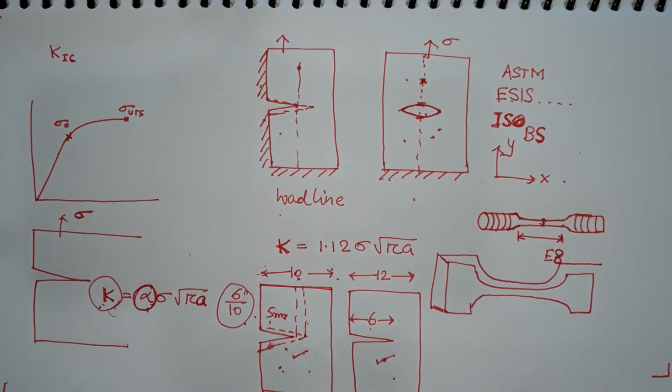So, let me go to the next page and then we will discuss more about the effects of crack geometry and the different types of specimens which are the standard specimens.